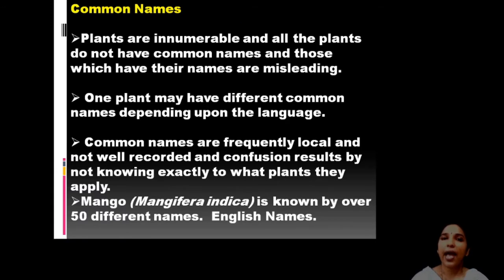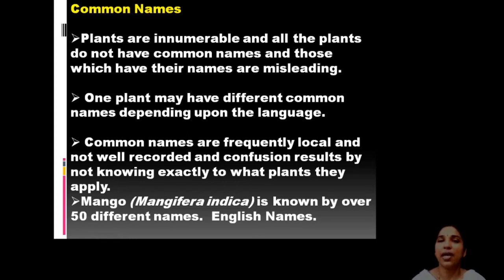Okay. And most commonly we people use common names. So there are common names for all plants. They may be different in different countries, different states, even different districts. It may vary. For example, we can have different items known by different names in various parts of Kerala.